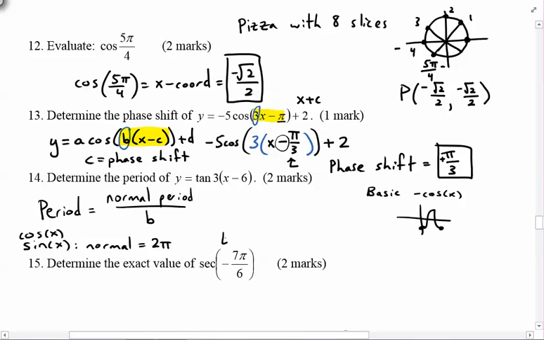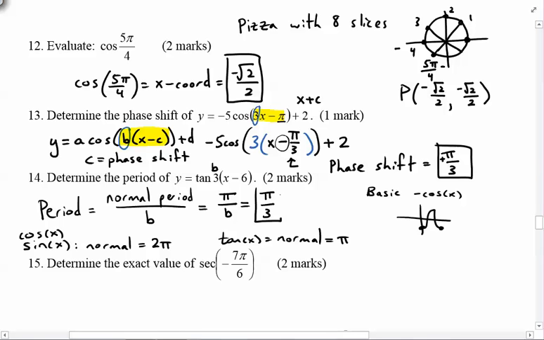But for tangent, the normal period is only pi. So the formula for period is going to be pi over b. And in this case, b is 3, so the period will be pi over 3.